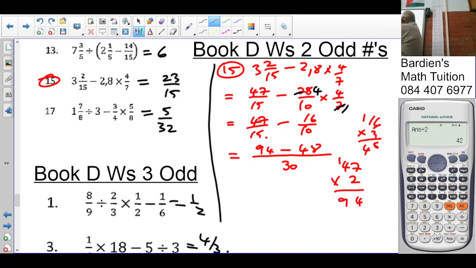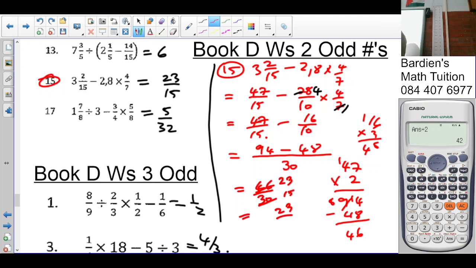Now 94 minus 48 gives you 46 over 30. Now what number goes into both without the remainder? 2. 2 goes into 23 times and you have 15 times, which makes that correct.